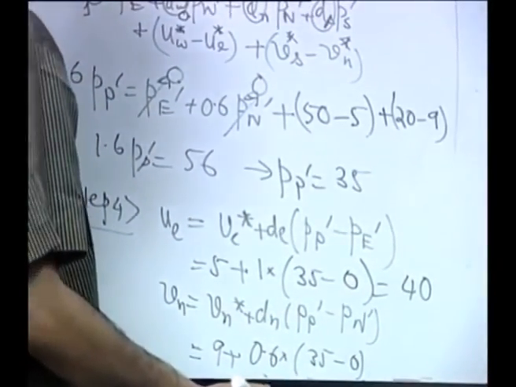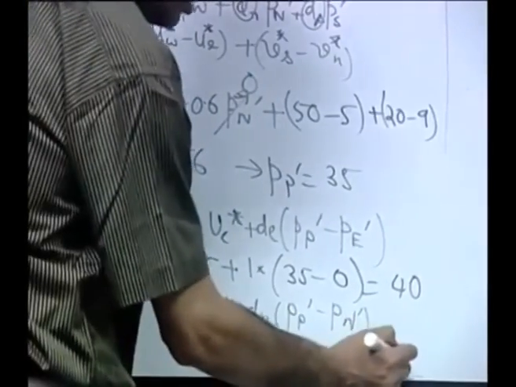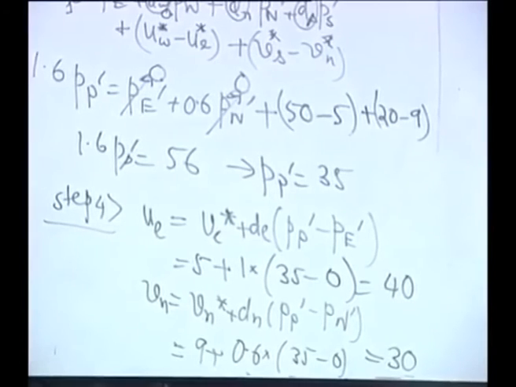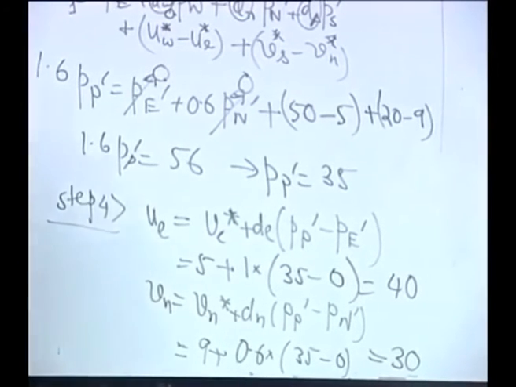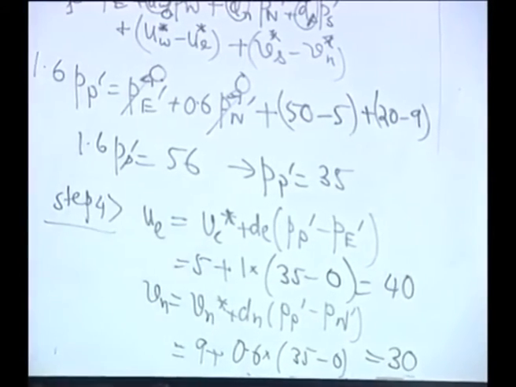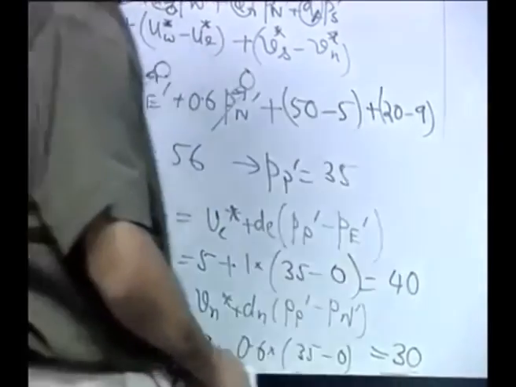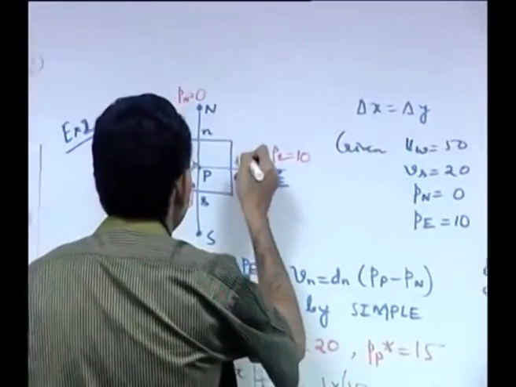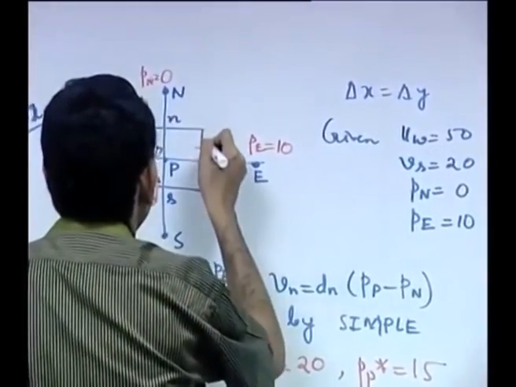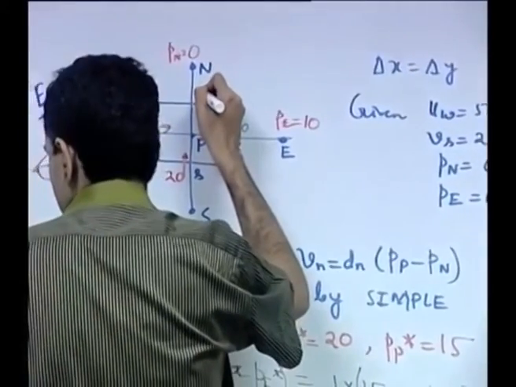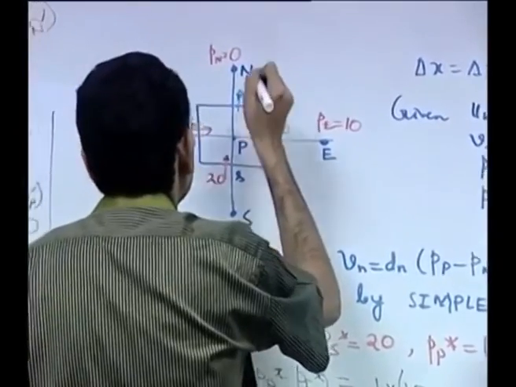So, what will be this? 30. So, the unknown velocities we have obtained as the new Ue equal to 40 and the new Vn equal to 30.